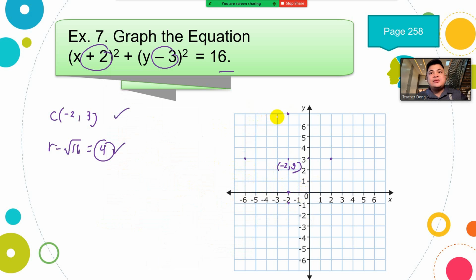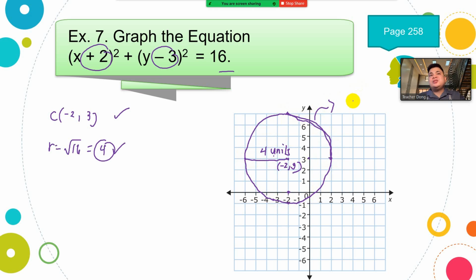Okay, so let's have this. Down, and then the right point that we formed. So let's say this is a perfectly done circle, and this one is the radius, which is 4 units.